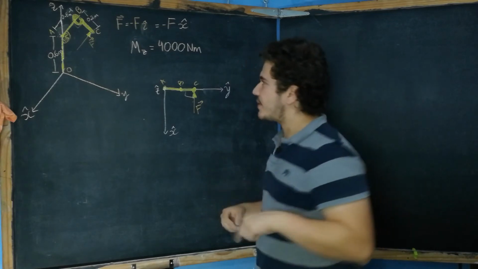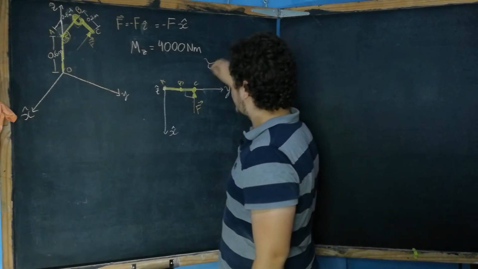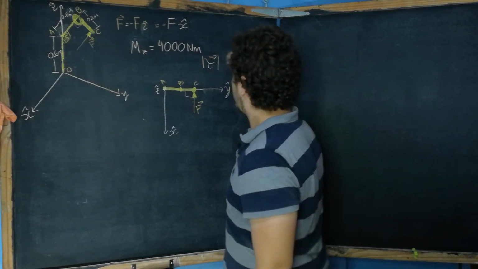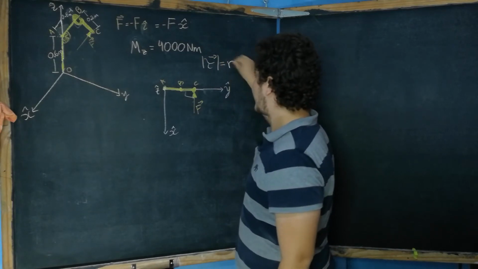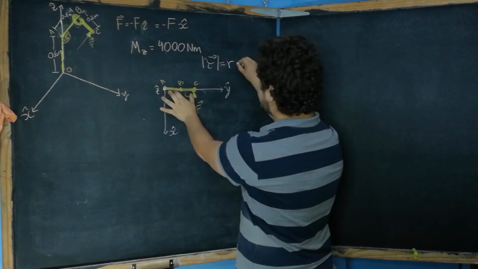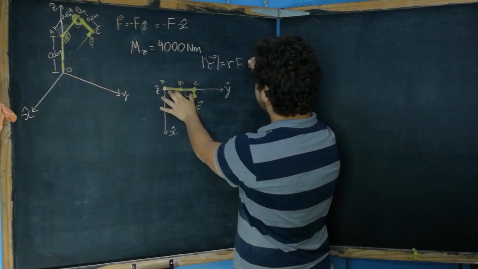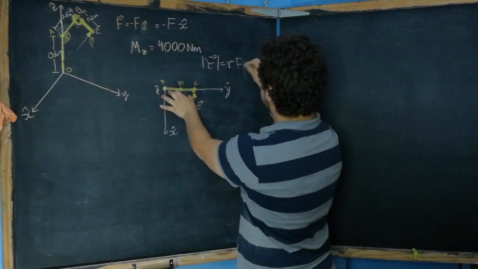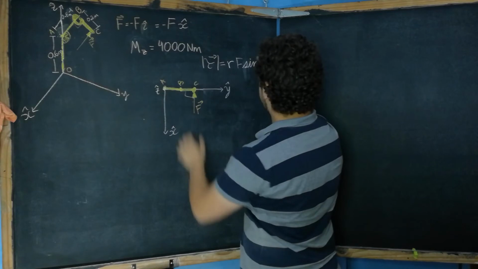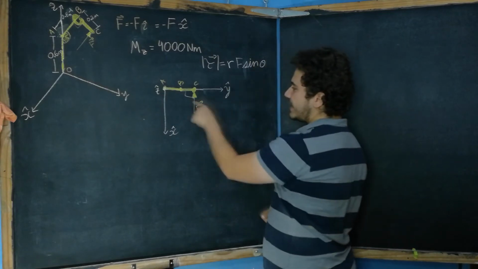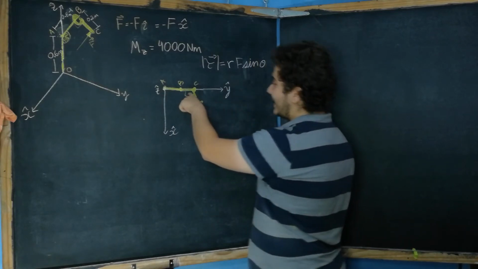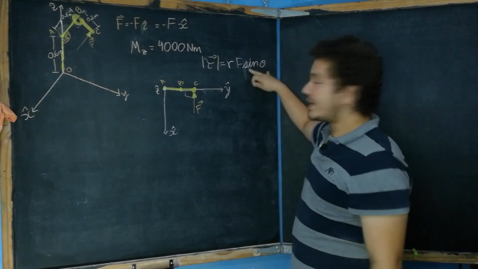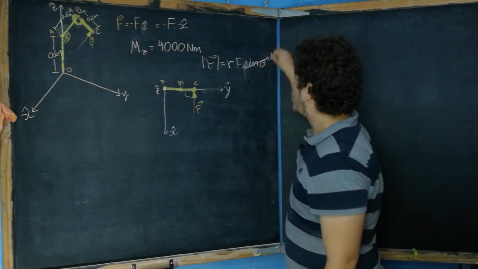If you remember from the theory, the magnitude of a torque would be given by the magnitude of the arm times the magnitude of the force multiplied by the sine of the angle between them. In this case, this will be 90 degrees, and sine of 90 degrees is equal to 1.